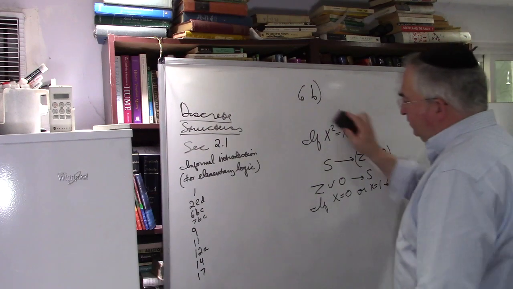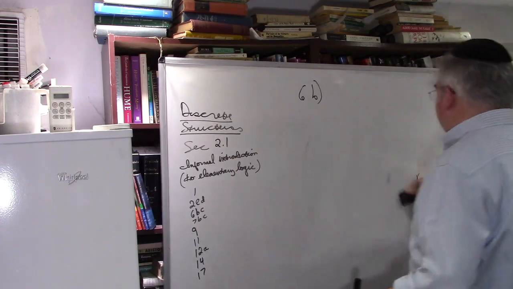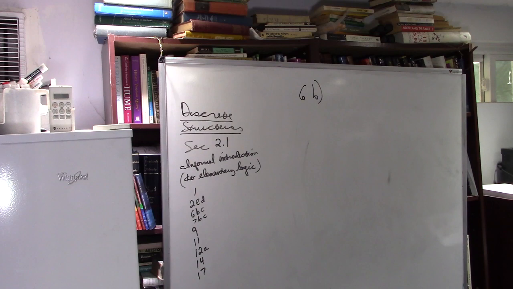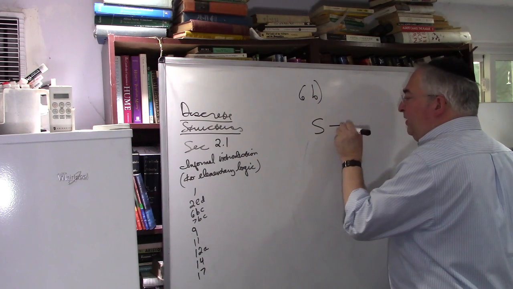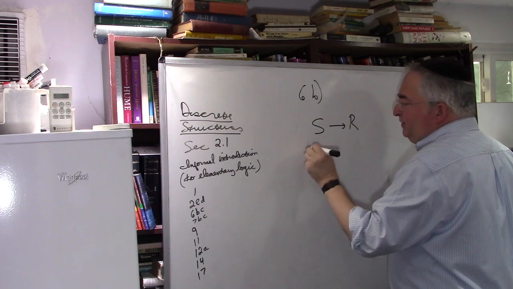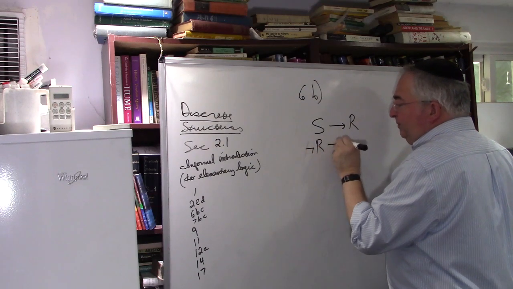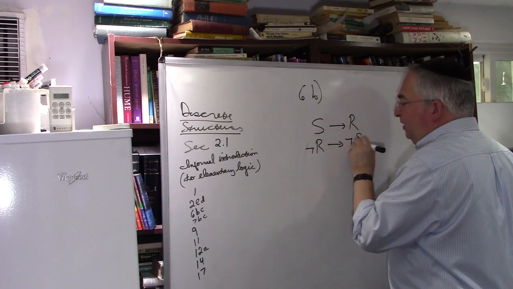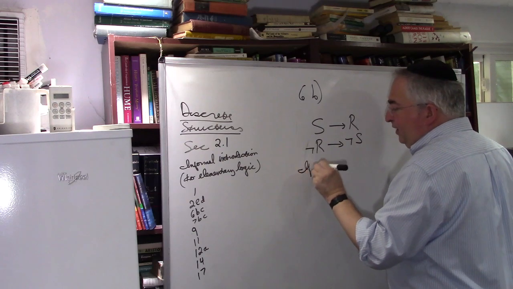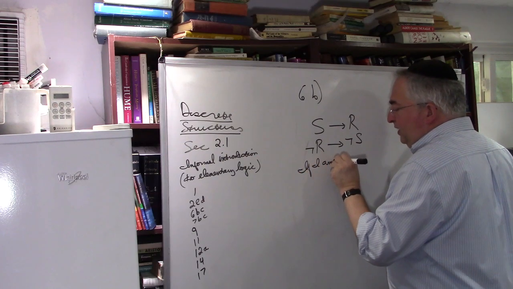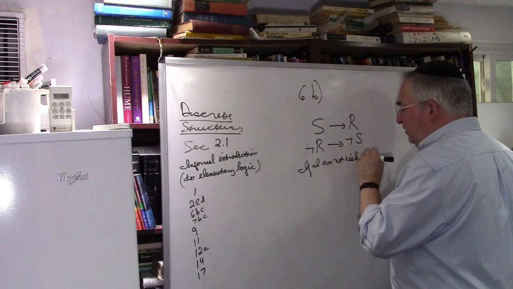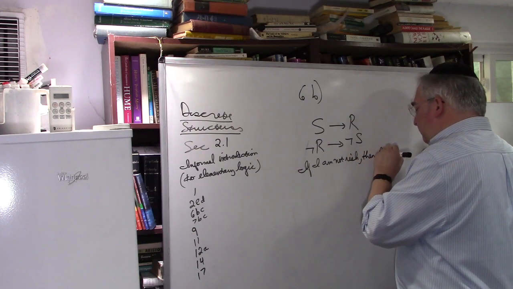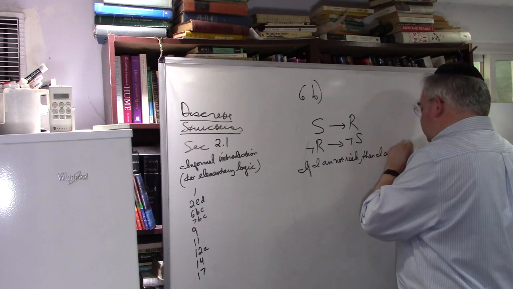Do the contrapositives of the propositions in exercise 6. Okay, so let's do the contrapositives. 6 was, if I'm smart, then I'm rich. The contrapositive is not rich implies not smart. If I am not rich, then I am not smart.